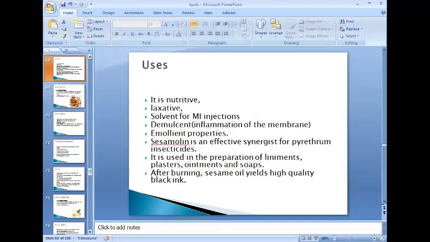The sesamoline which is present is producing synergistic effect for pyrethrum insecticides. The oil is also used in the preparation of liniments, plasters, ointment, and soap. And black ink is obtained by its burning, which is high quality black ink.